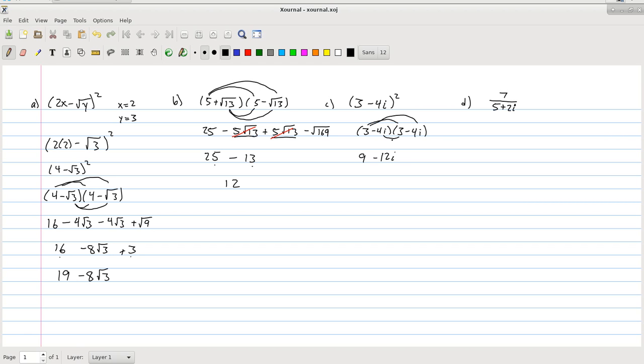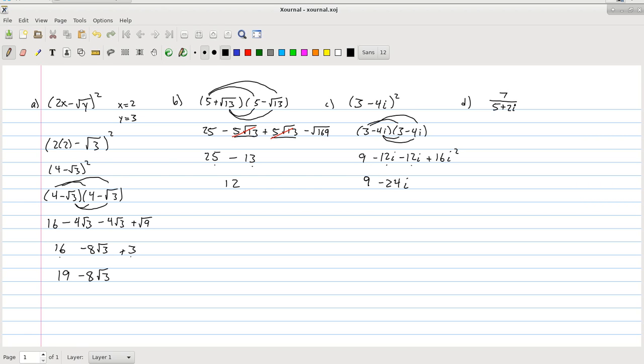So negative 4i times 3 is negative 12i. Negative 4i times negative 4i, negative times negative is positive. 4 times 4 is 16. And i times i is i squared. Let's go and combine like terms. So minus 12i, minus 12i, we combine those, we get minus 24i.